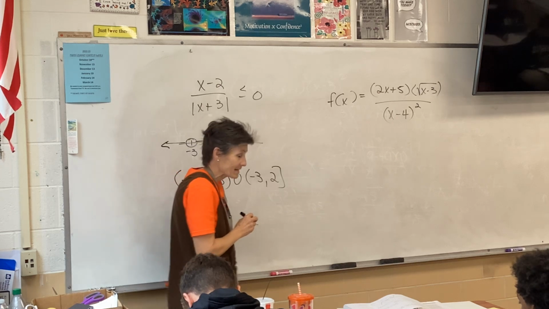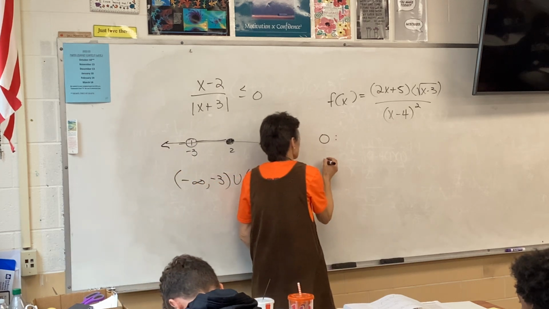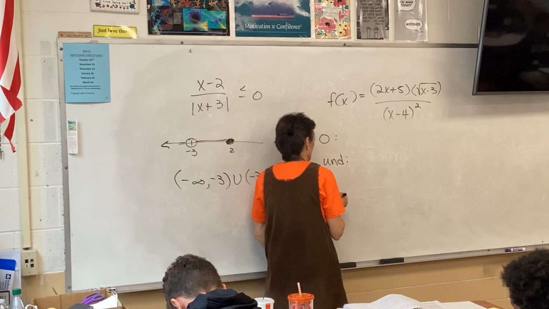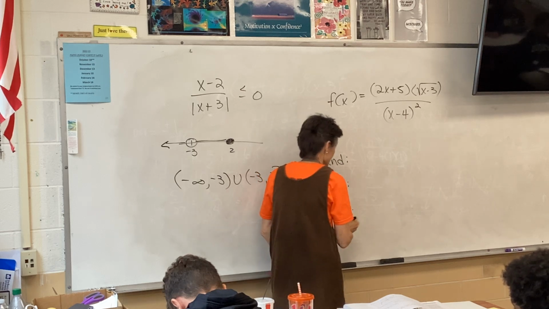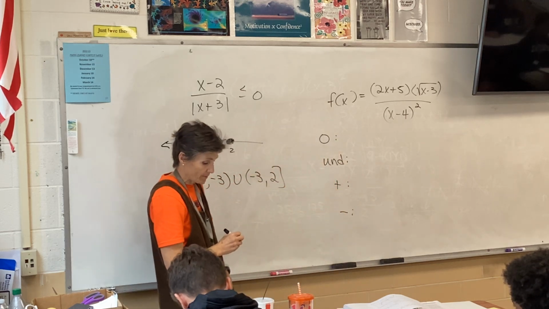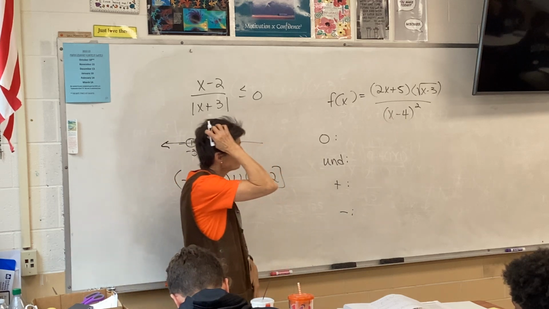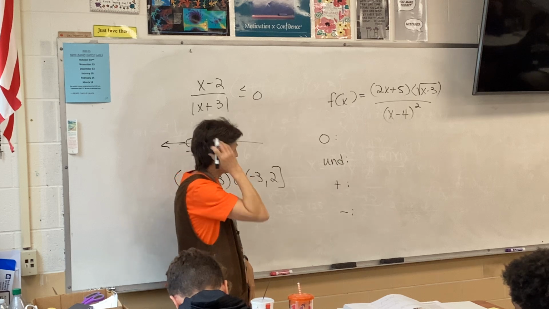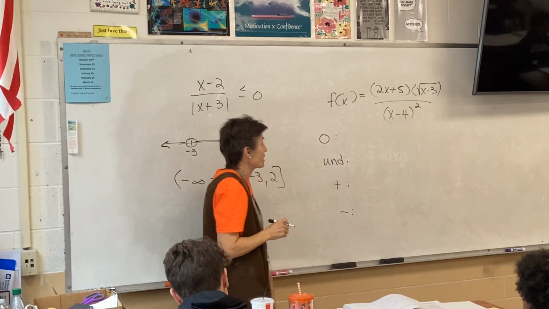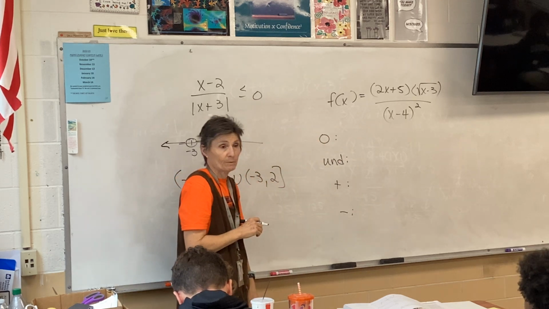Where is this thing 0? Where is it undefined? Where is it positive and where is it negative? That's the question. So for this particular problem, we want to figure out all of these things. So where is it 0? Can we do that first?